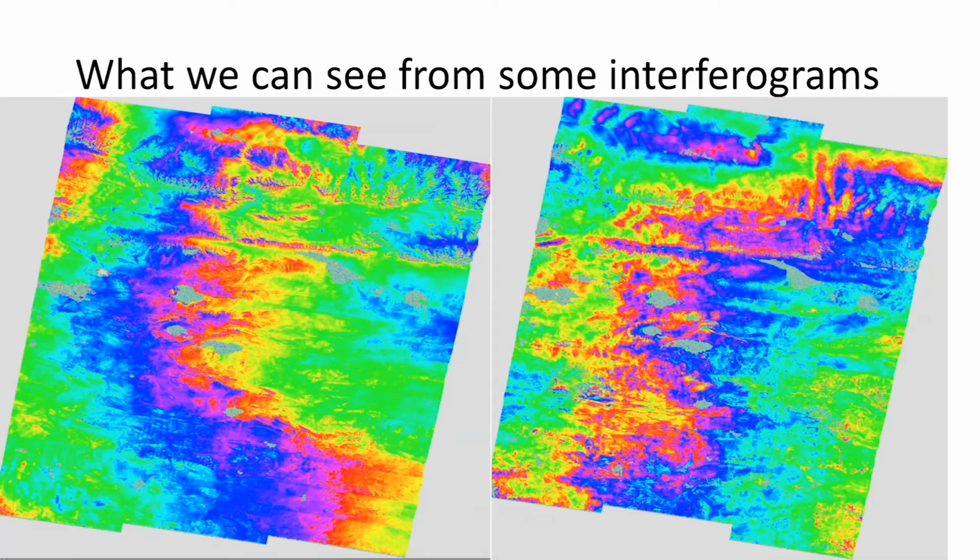Maybe 12 millimeters per year. But that is the interseismic slip rate. For the post-seismic period, maybe it's larger than that.